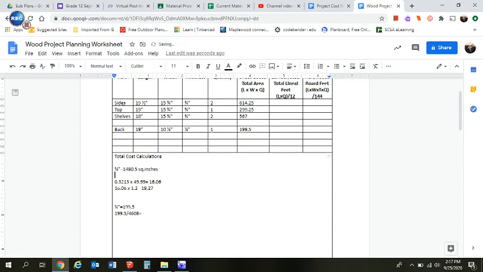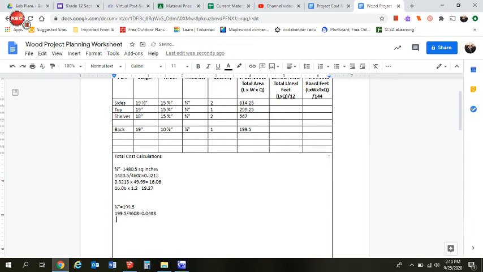I'll just add that in so nobody misses that. 199.5 divided by 4608 equals 0.0433. So we're using just over 4% of a sheet, not very much.